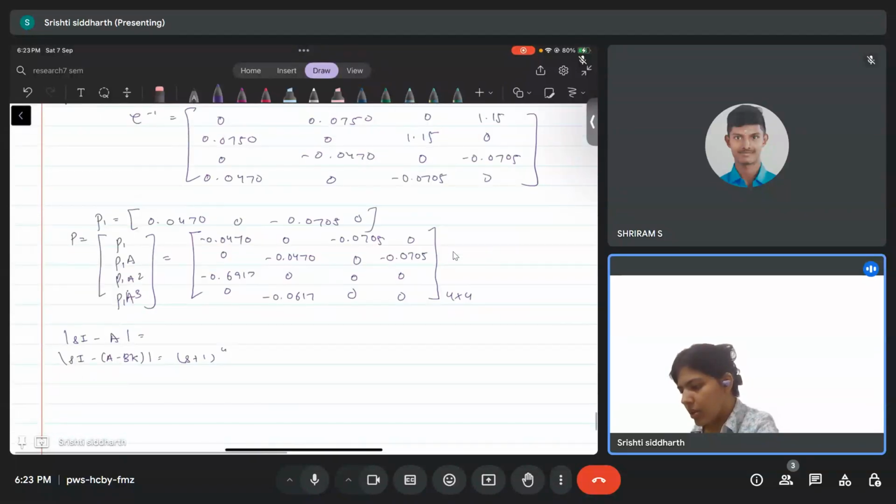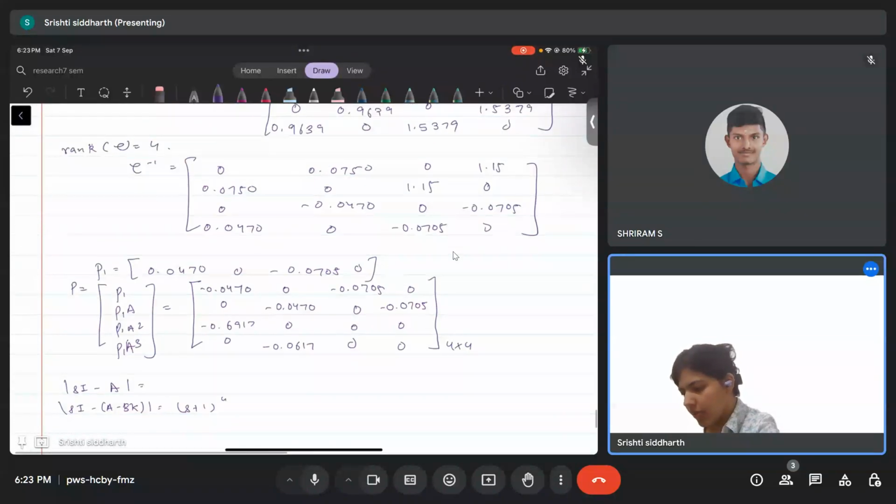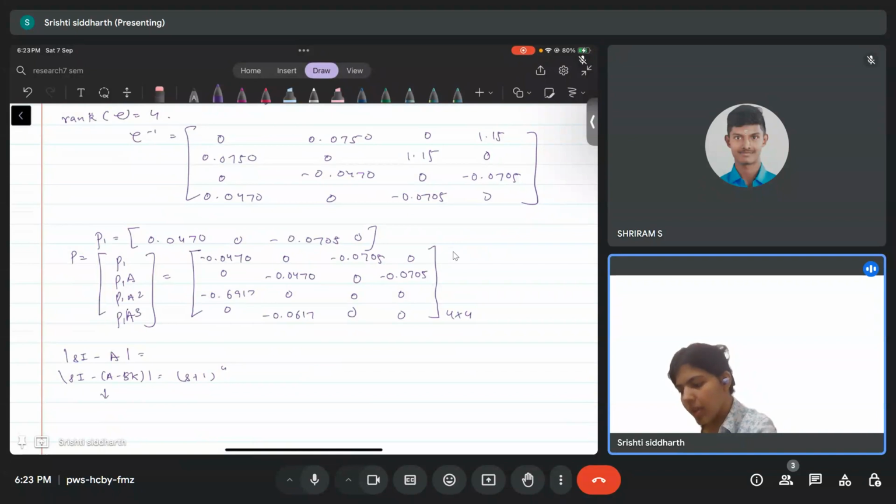So what we can do is expand this determinant, and this would be a function of k1, k2, k3, and k4.